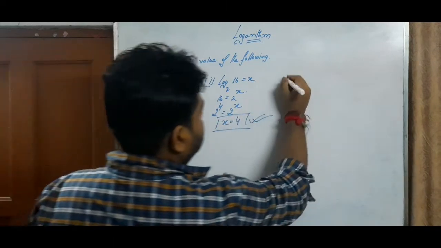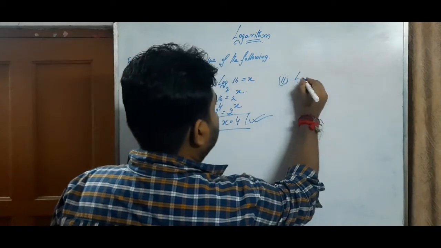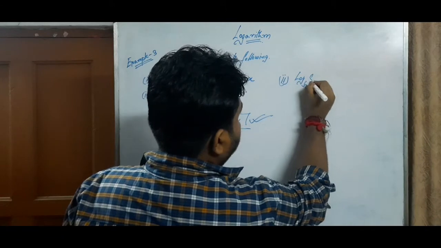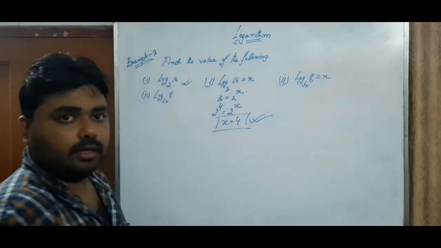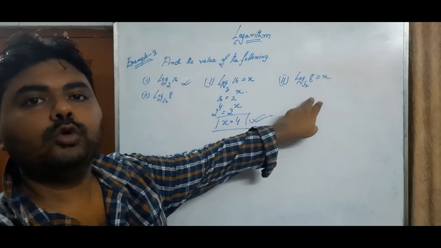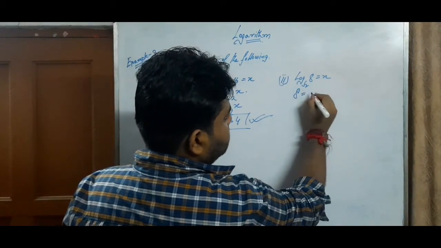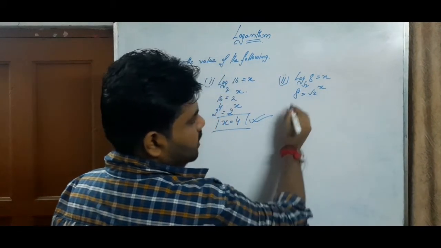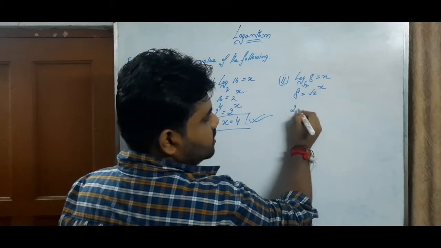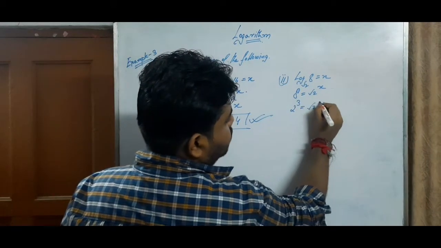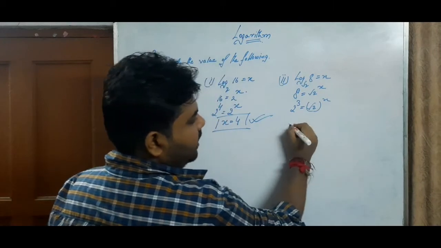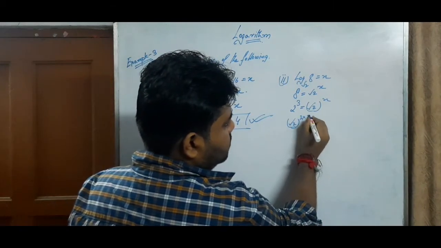Similarly, the second one we can write log base root 2 of 8 equals x. Therefore 8 equals root 2 whole to the power x. We know that 8 means 2 cube equals root 2 whole to the power x. We can write (root 2) whole square into 3.